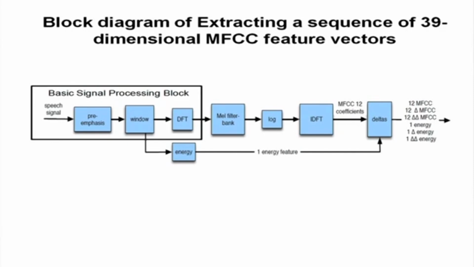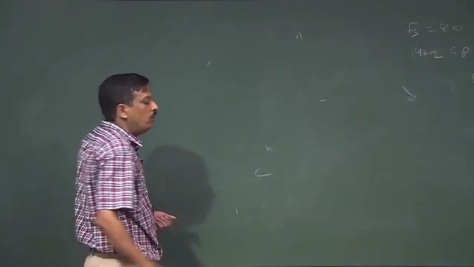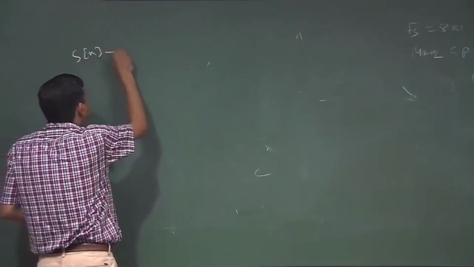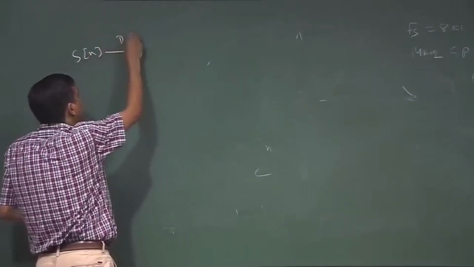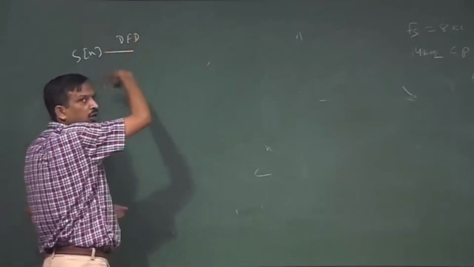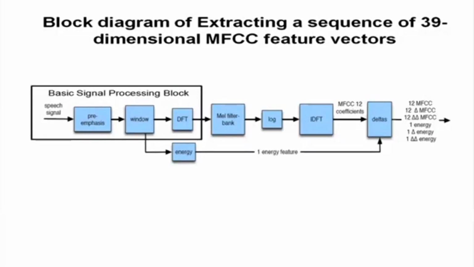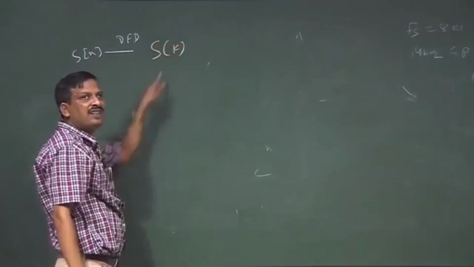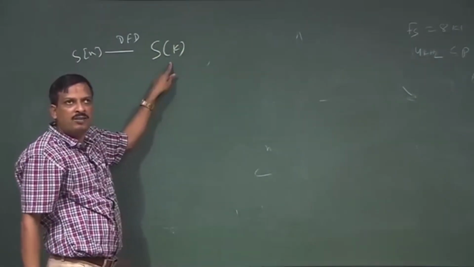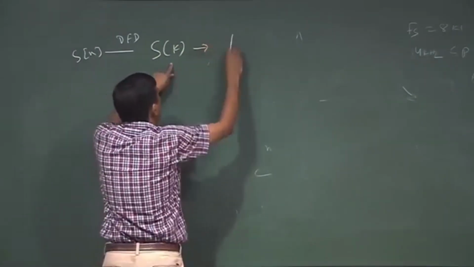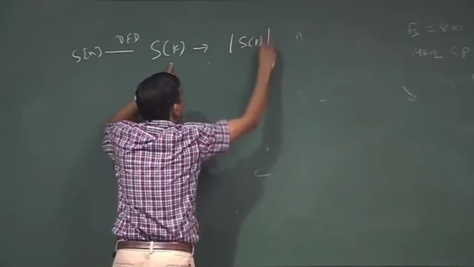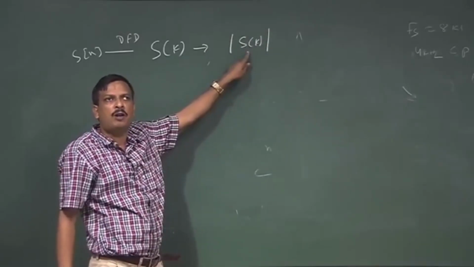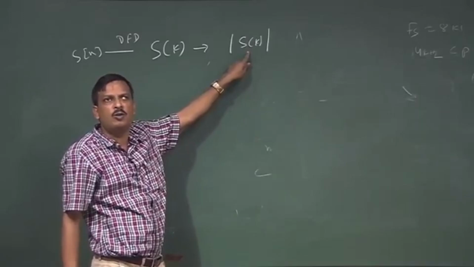If s(n) is my signal, I pre-emphasize it, and after DFT, I am not writing the pre-emphasis and windowing part, I get S(k), the normal frequency spectrum. If I calculate the mod of S(k) and plot it with frequency, it is a frequency versus power plot, which is the spectrum in normal frequency scale.